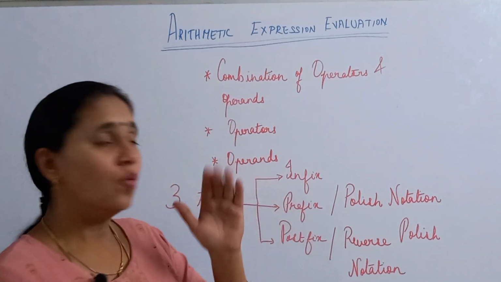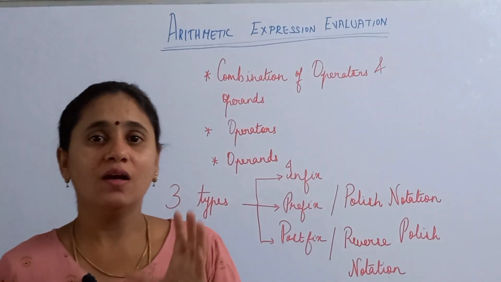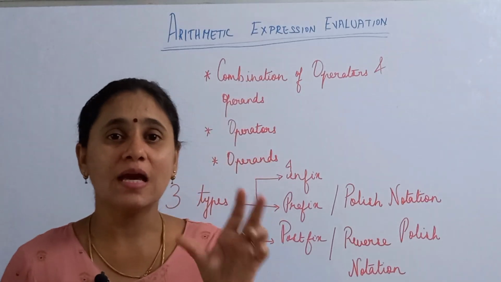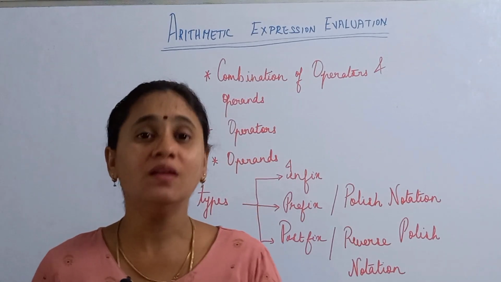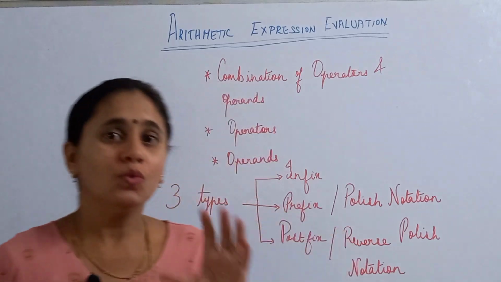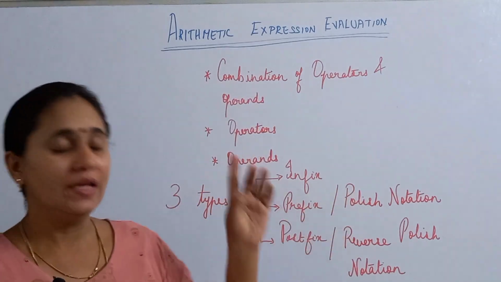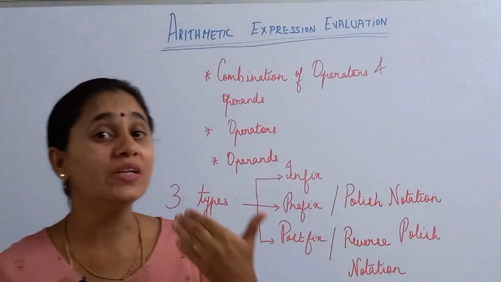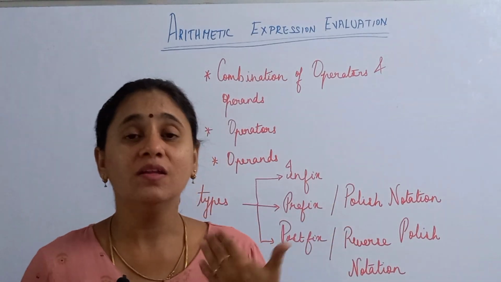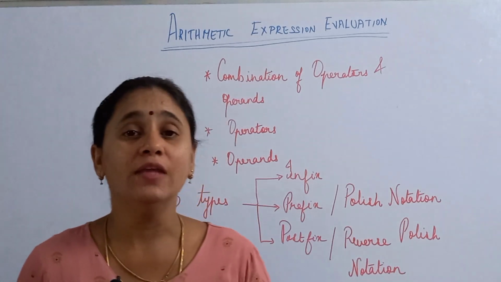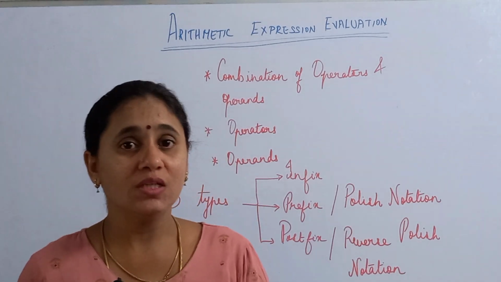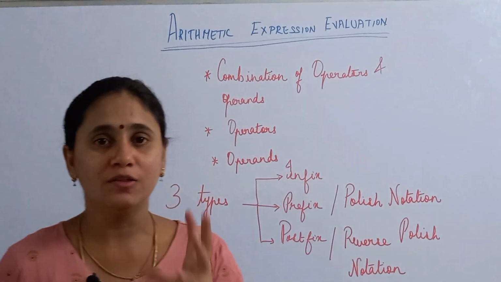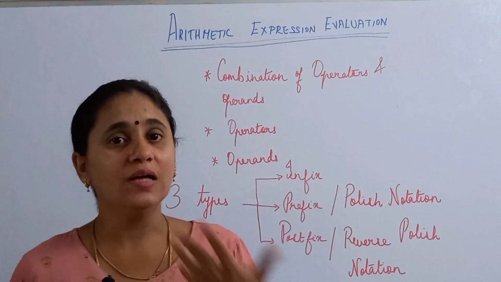For that purpose, we use some concepts for implementing these types of evaluation techniques in our computer. So we are learning about infix, prefix and postfix. These are different types of expressions that we feed the system in the form of an algorithm, so that the system will read each and every bit of instruction, solve it and give the answer.